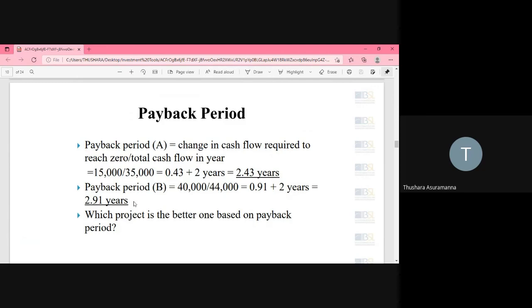Project A or project B? Project A. Okay, project A. Why? Because of the shorter time taken to recover the capital.